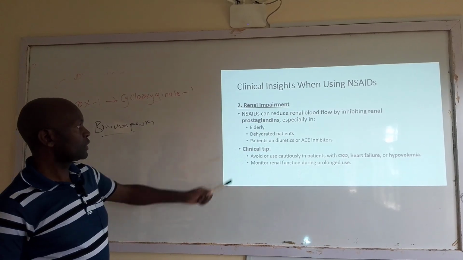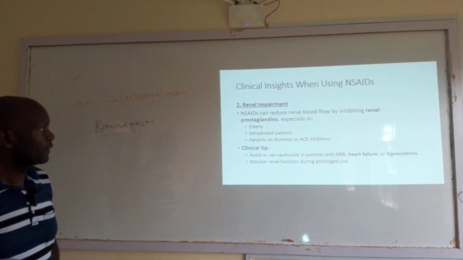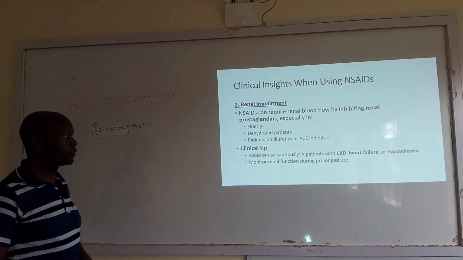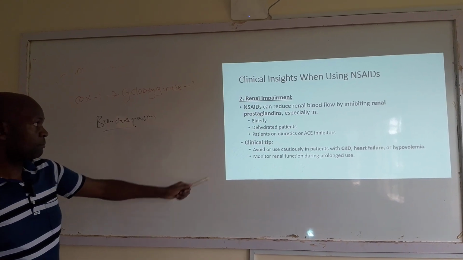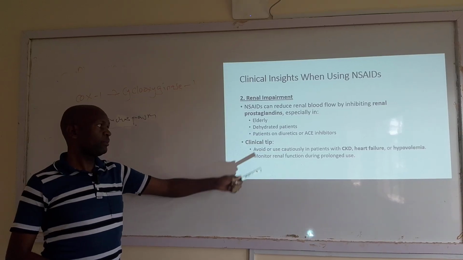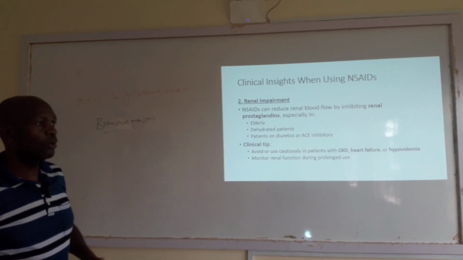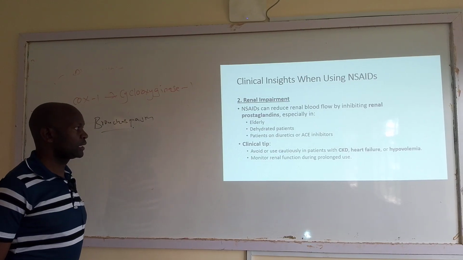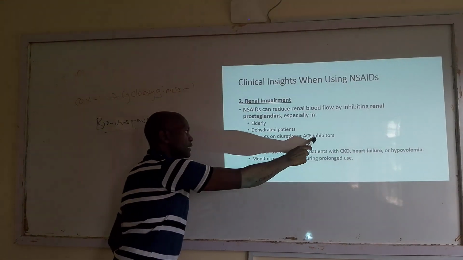Another thing you need to know is that in renal impairment, NSAIDs can reduce renal blood flow by inhibiting the renal prostaglandins, especially in elderly patients, dehydrated patients, and patients on diuretics or ACE inhibitors. This is angiotensin converting enzyme inhibitors.